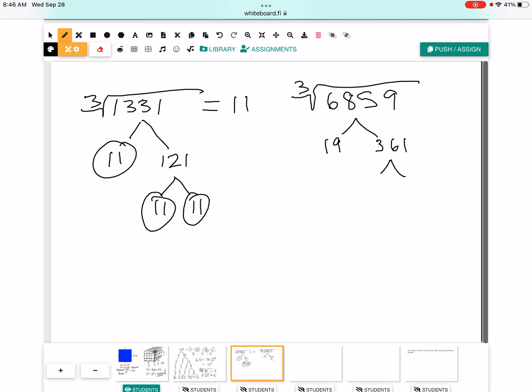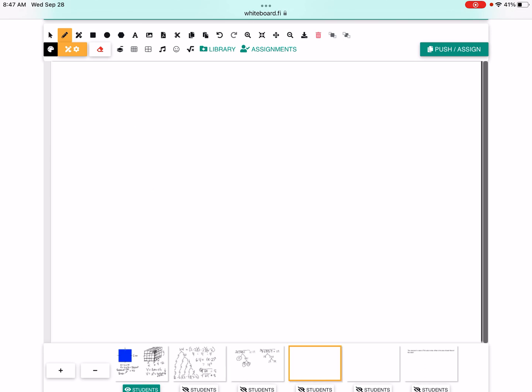And 361 happens to be 19 times 19. So the cube root of 6,859 is 19. Now, those are 2 examples where you're talking about quite large prime numbers cubing in order to make them. But the general way that we find the cube root is to go ahead and use this prime factorization.